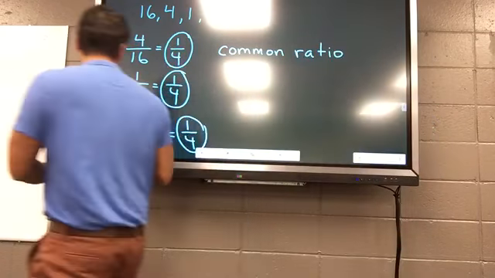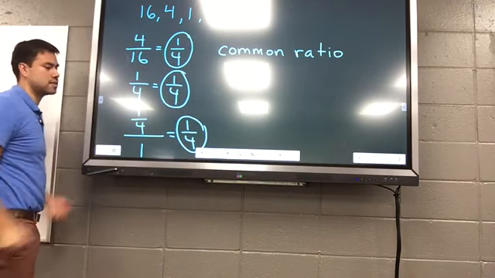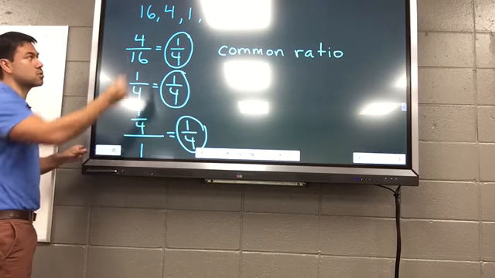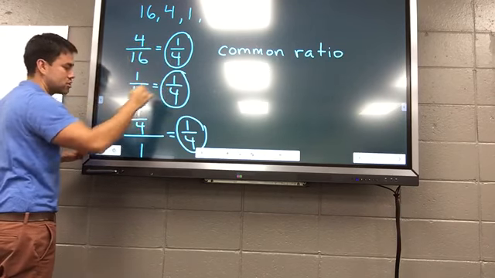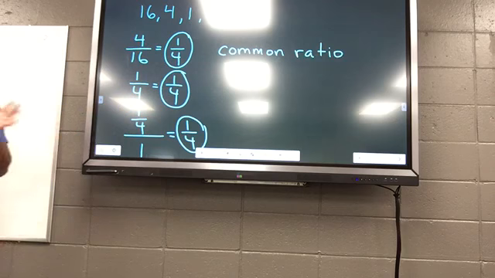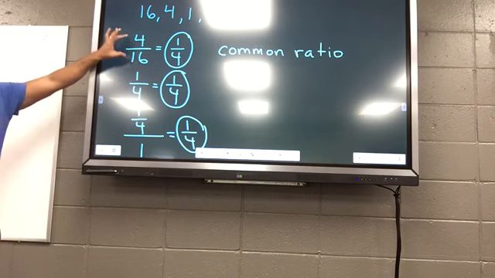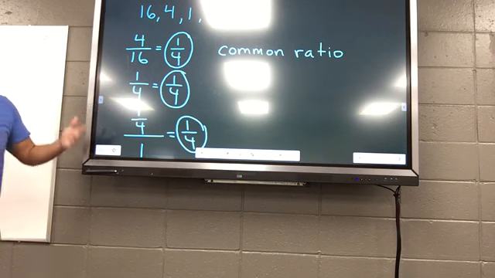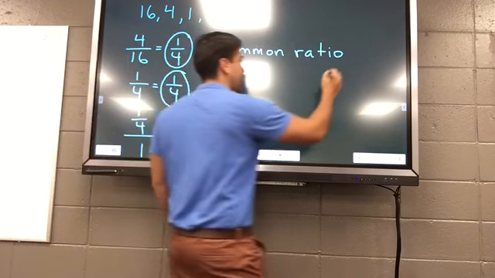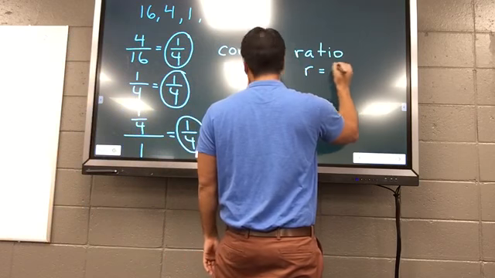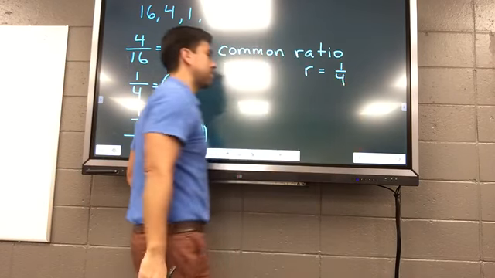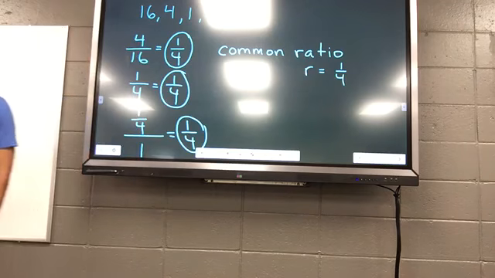So you're like, how do you know if you divide it? What's a fraction also known as? A division problem. So did I get a fraction? Fraction, yep. Even if I got a whole number, if I compared these two numbers, those two and those two, I still got my common ratio, and that is r equals 1/4. Okay, I got my common ratio.